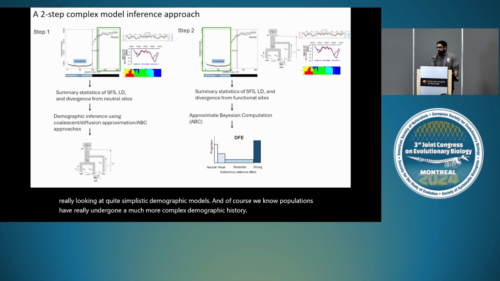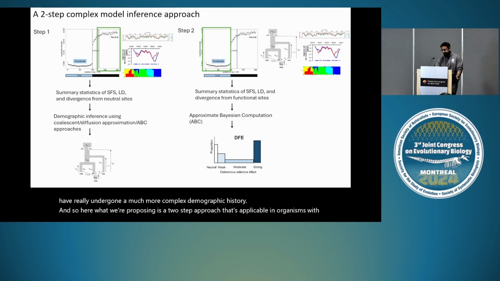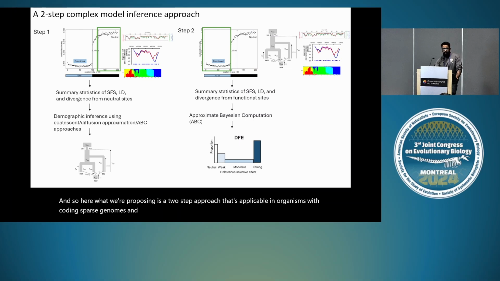And so here what we're proposing is a two-step approach that's applicable in organisms with coding sparse genomes. In step one, we identify non-functional regions that are distant enough away from functional regions that we can be sure that they're not undergoing background selection.